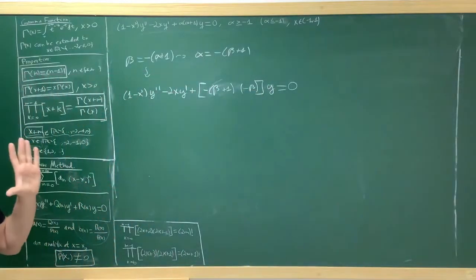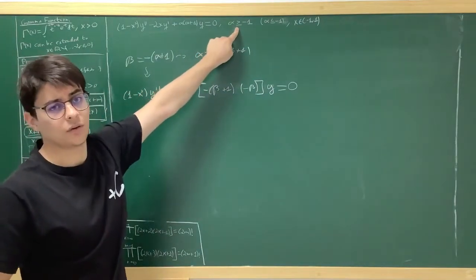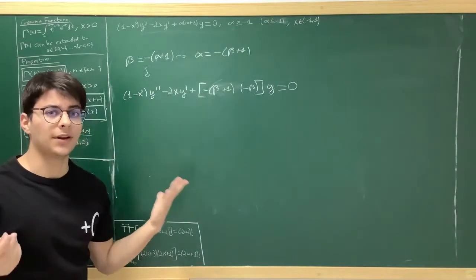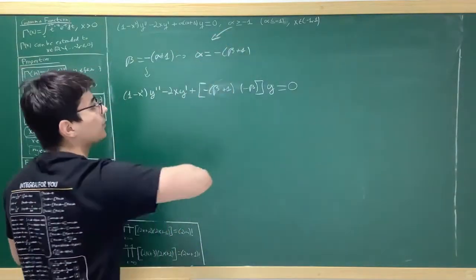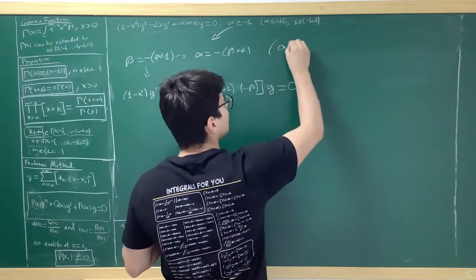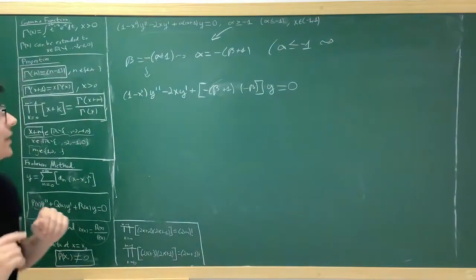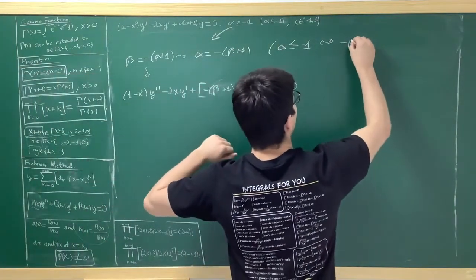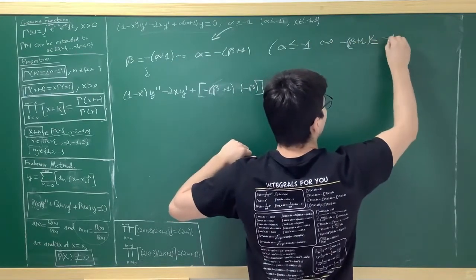Now just notice that this differential equation is for alpha greater or equal than -1. But what happens for alpha less or equal than -1? Well, in that case, we make this change of variables. So just notice here that alpha is less or equal than -1. But this just means that alpha is this. So negative beta plus 1 is less or equal than -1.